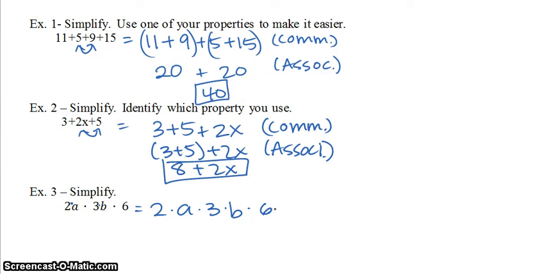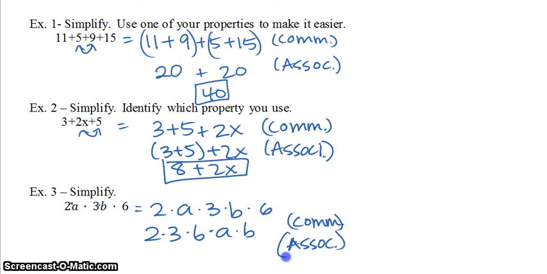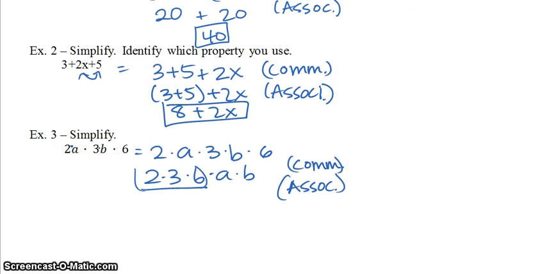So if I rearrange the order using the commutative property, I'm going to basically say 2 times 3 times 6 times A times B. And now if I use the associative property, I'm going to group these together. So I get 2 times 3 is 6, times 6 is 36, and then I have A, B. So I use those properties. They come in handy.